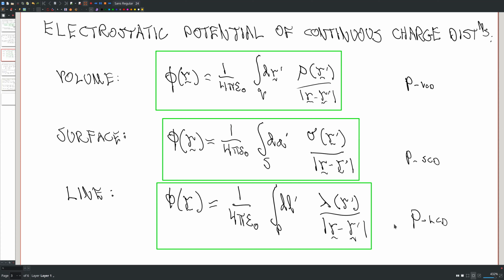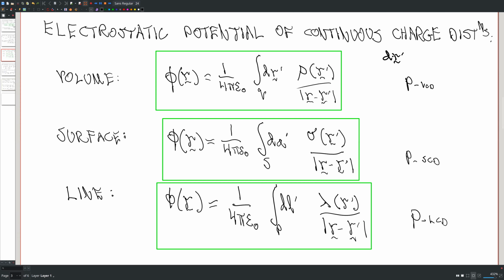Question? What I mean by the d r prime is the 3-dimensional object, if you want.